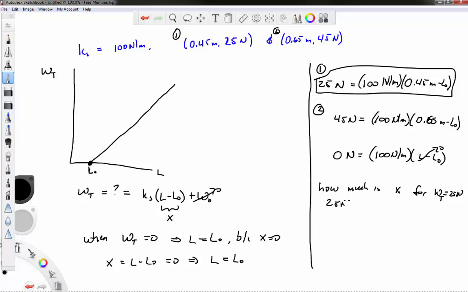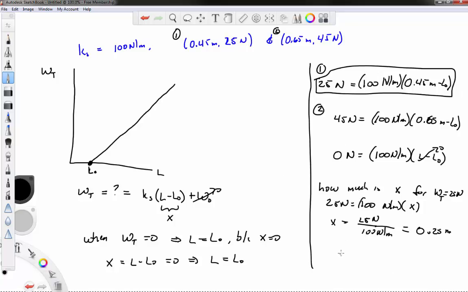So we have 25 newtons is equal to 100 newtons per meter times x. So x must be 25 newtons divided by 100 newtons per meter, and so that is 0.25 meters. By the way, if we chose number 2, we would have had 45 newtons is 100 times x, so x is equal to 45 divided by 100, which is 0.45.